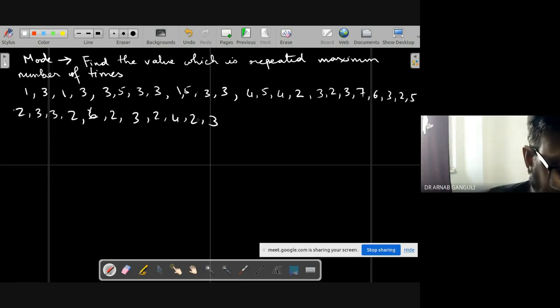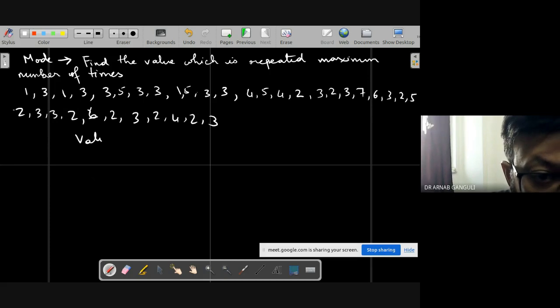Now in this, you have to prepare a table of value and number.